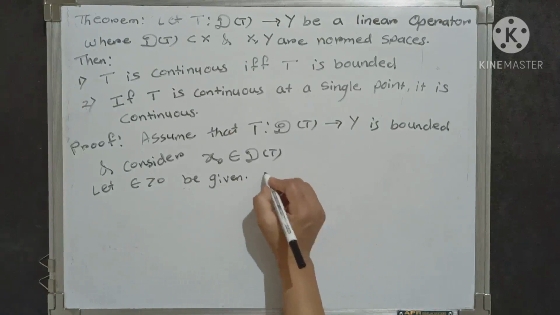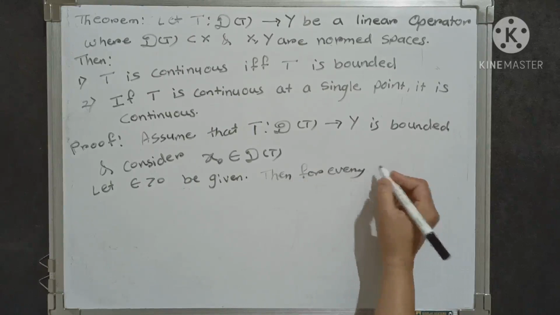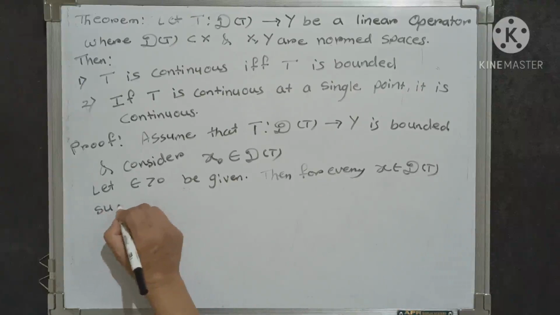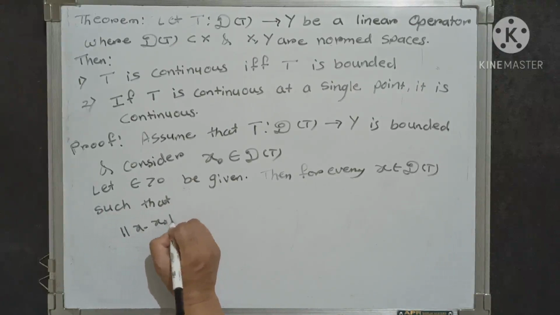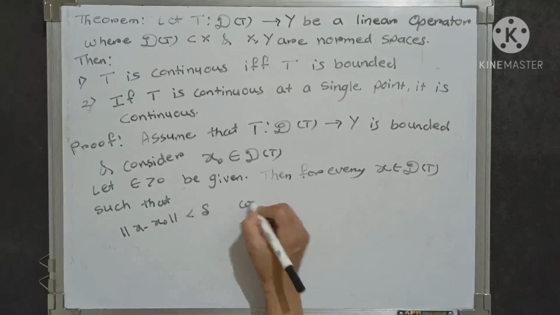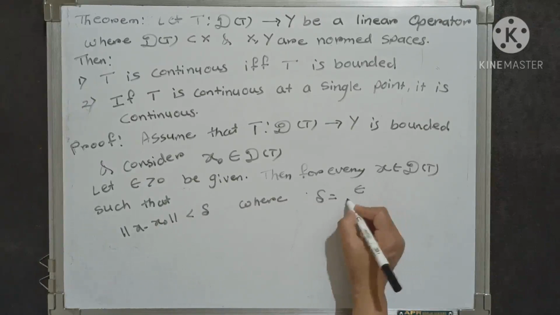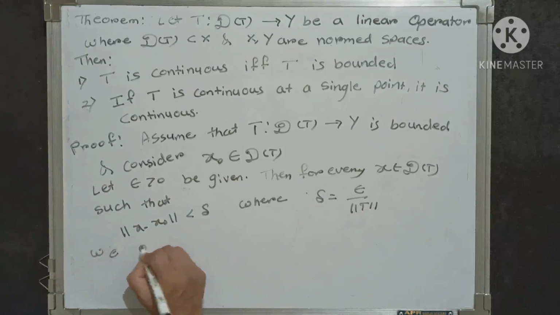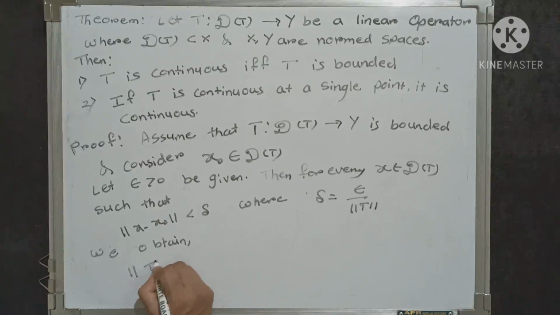Then for every x belongs to D(T) such that the norm of x minus x0 is less than delta, where we are taking the value of delta equals epsilon divided by the norm of T, we obtain the norm of Tx minus Tx naught.